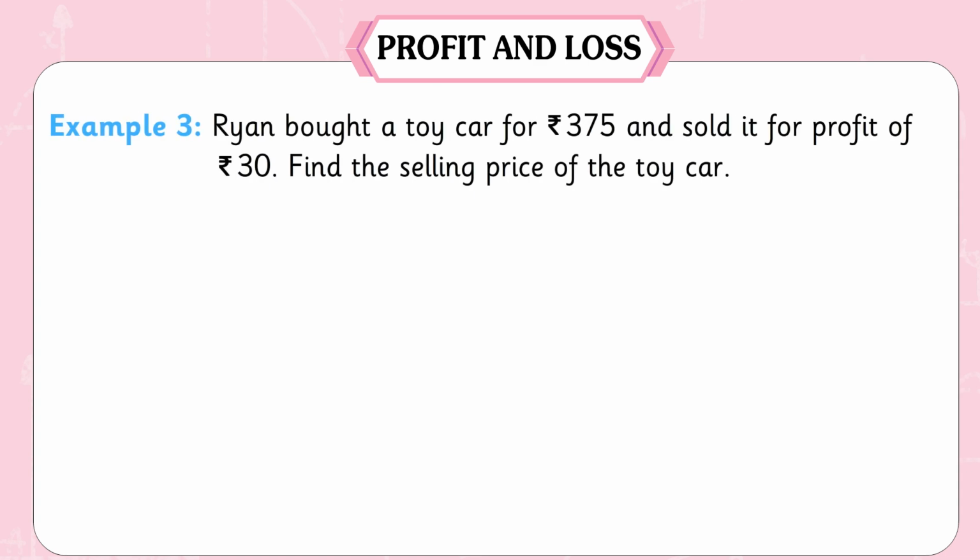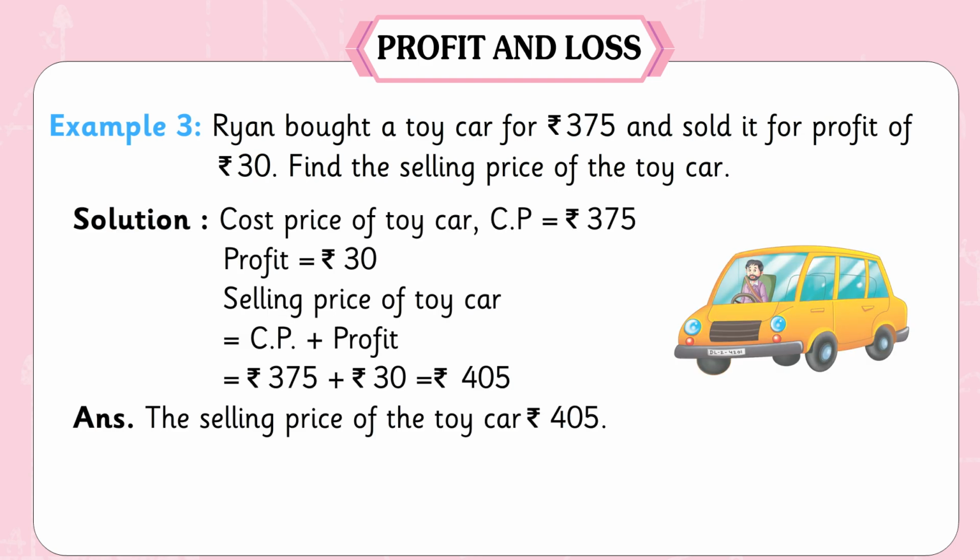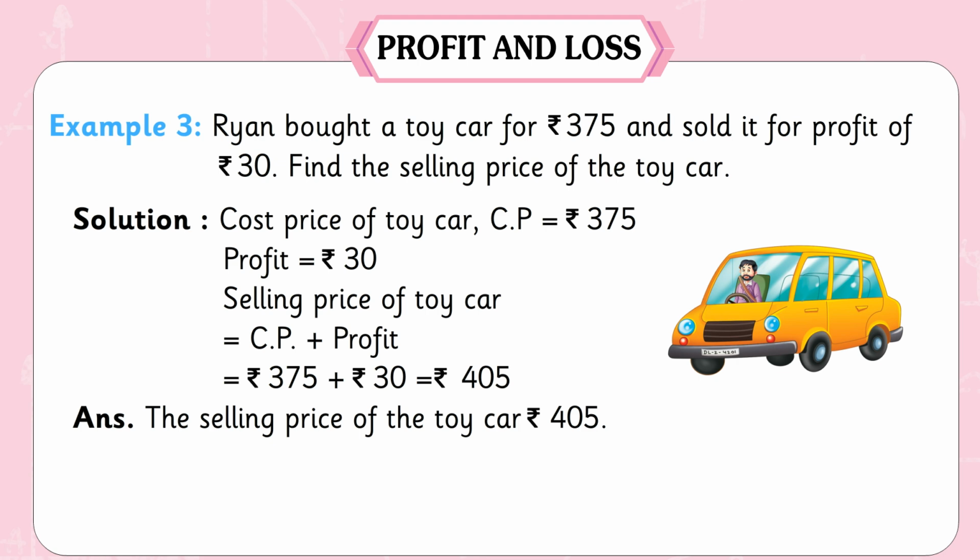Example 3. Ryan bought a toy car for rupees 375 and sold it for a profit of rupees 30. Find the selling price of the toy car. Solution. Cost price of toy car, CP, is equal to rupees 375.